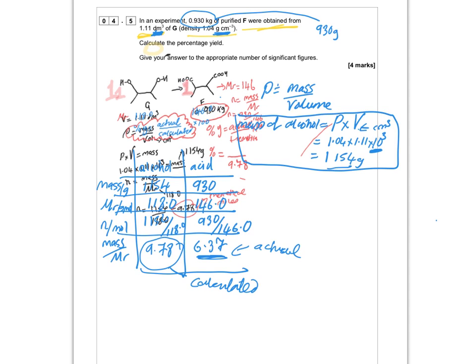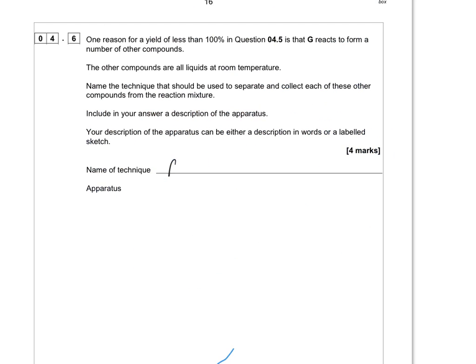So now we can whiz on to calculating our percentage yield, which equals the actual over the calculated, which is 6.37 all over 9.78, times that by 100%. So the percentage yield should come out to 65.1%, 3 significant figures.